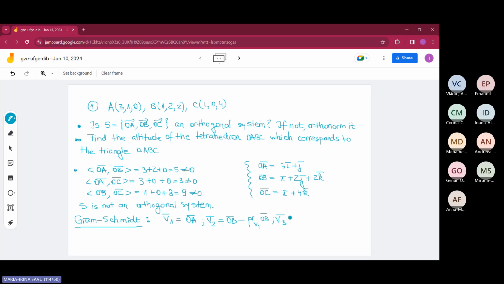And last is OC minus the projection of OC on V1 minus the projection of OC on V2. I'll give you 2 minutes to find V2 and then we discuss.